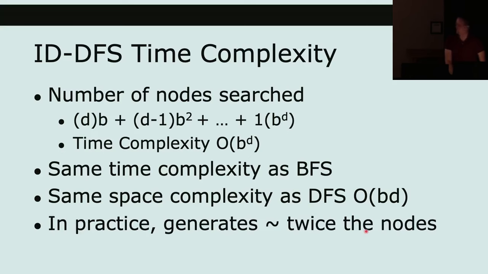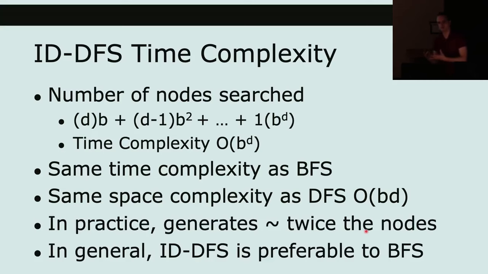In practice, it generates about twice the nodes, and in general, because BFS has memory complexity that is exponential, and ID-DFS has a memory complexity that is linear but has the same theoretical properties, we would want to use ID-DFS for problems that are going to be bigger than our memory can contain, right? So if you go out into the real world and you want to apply BFS, and your problem is huge, you're going to run out of memory. So if you really, for some reason, want that behavior of BFS, but you want to actually be able to run the thing, iterative deepening depth-first search is your answer.